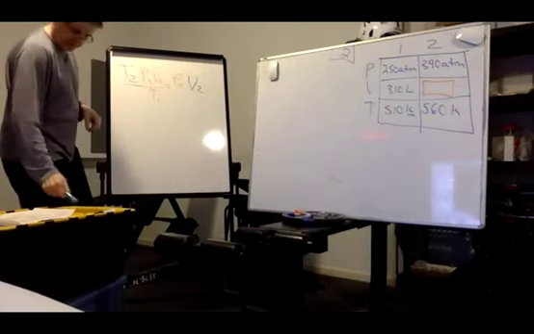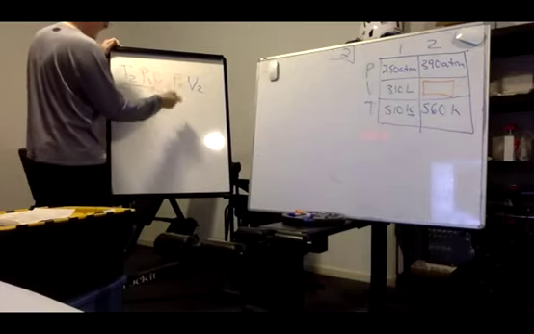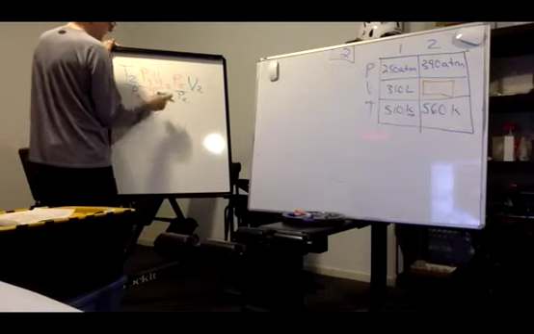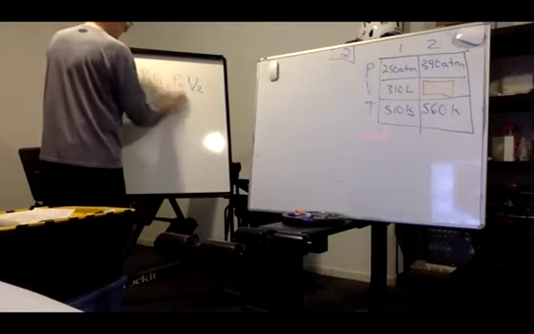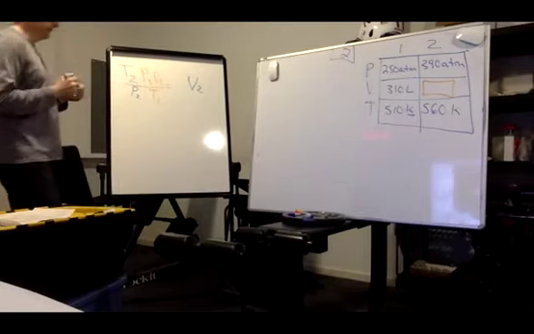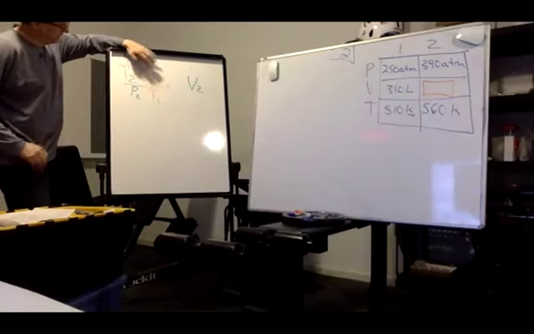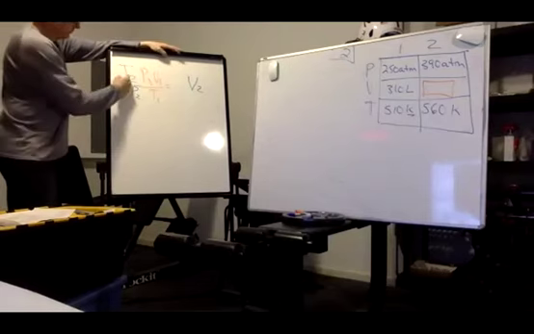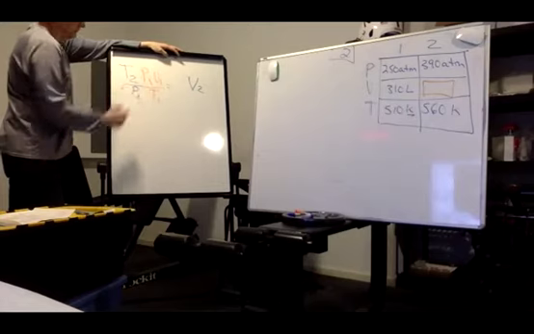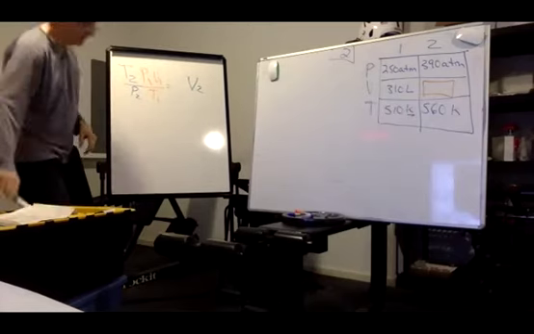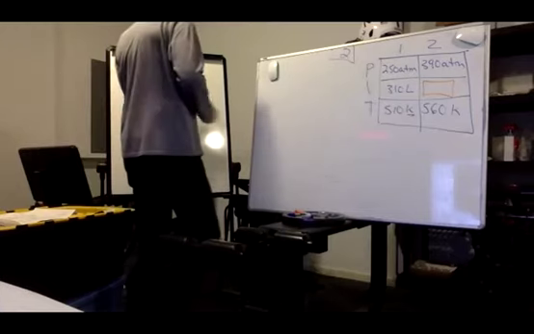And if P2 is upstairs, I need to move it downstairs on the other side. And there's my functional equation, T2 P1 V1 over P2 T1. Notice 1, 2, 3 on top, 1, 2 on the bottom. So I have my equation now. It lets me solve this problem.